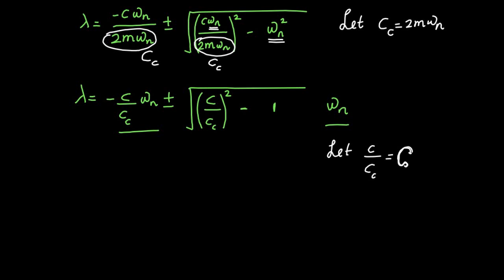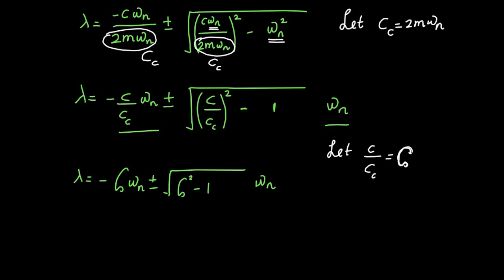So what happens to lambda now? Lambda is equal to minus eta times omega n plus or minus root of eta square minus 1 into omega n.